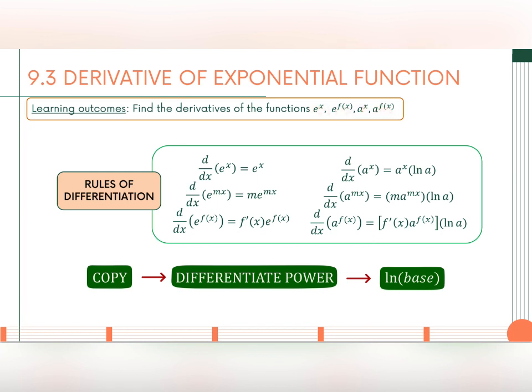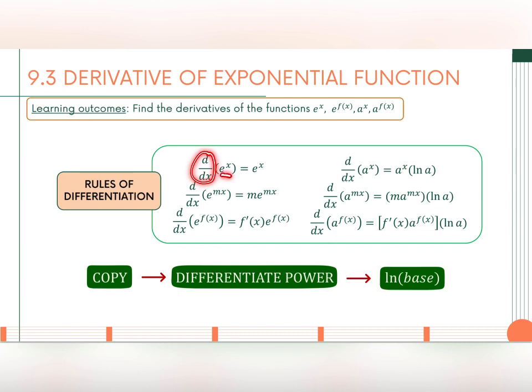Ini semua adalah power kepada exponential function. Base kita apa? Kalau e to the power of x ataupun e to the power of f(x), the base will be just e. Kalau a to the power of x dan a to the power of f(x), the base is a.